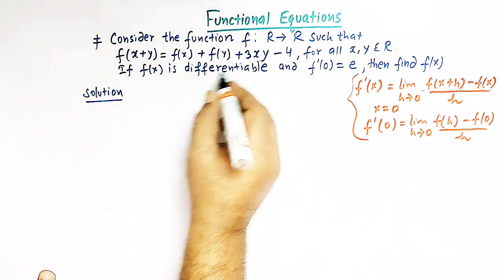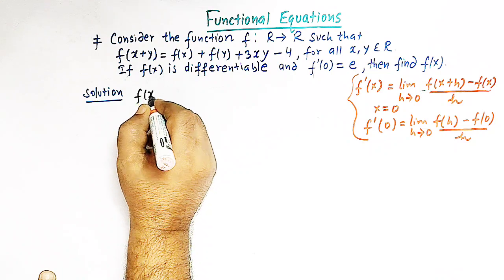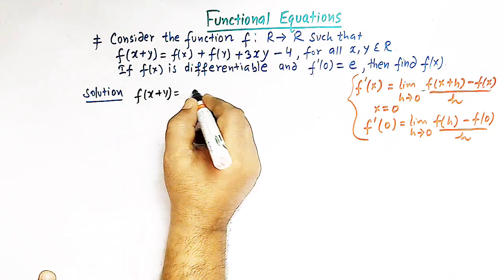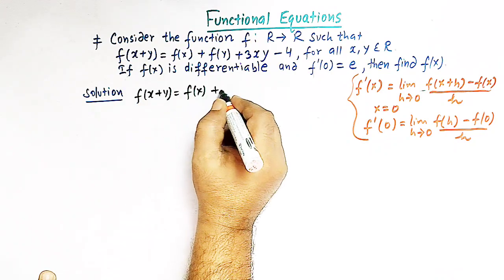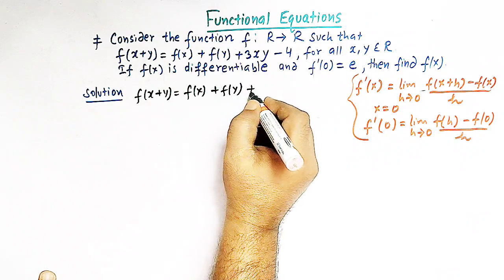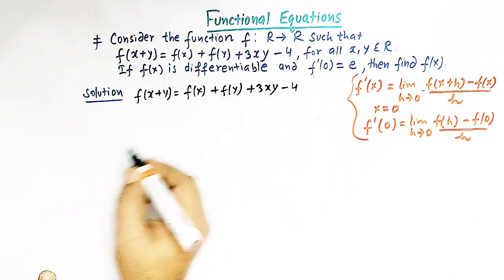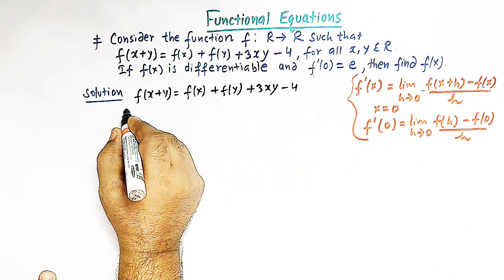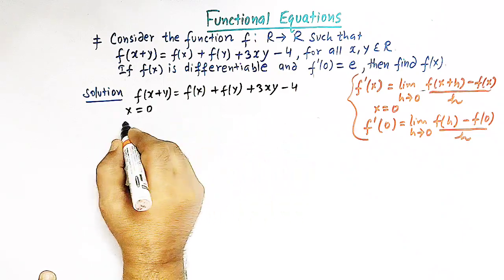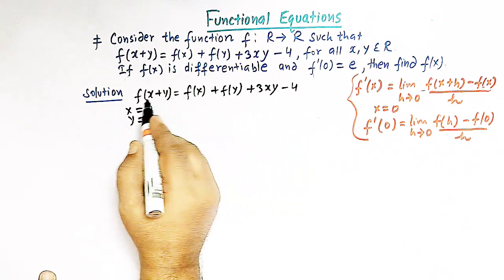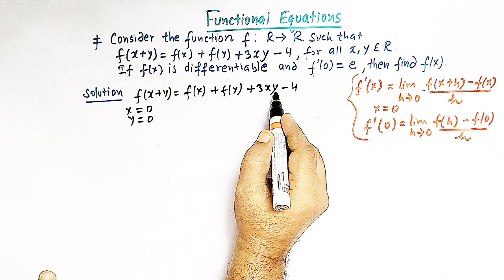Now let us write this equation, that is f of x plus y is equal to f of x plus f of y plus 3xy minus 4, right? Now let us substitute x is equal to 0 and y is equal to 0 in this equation.